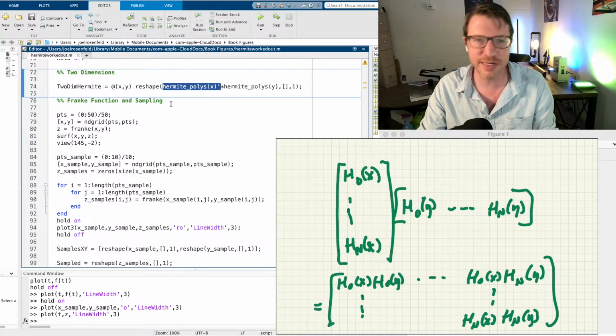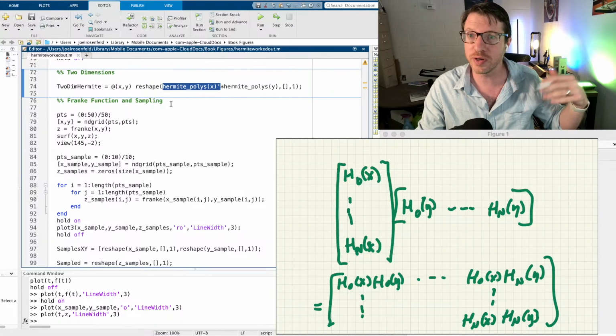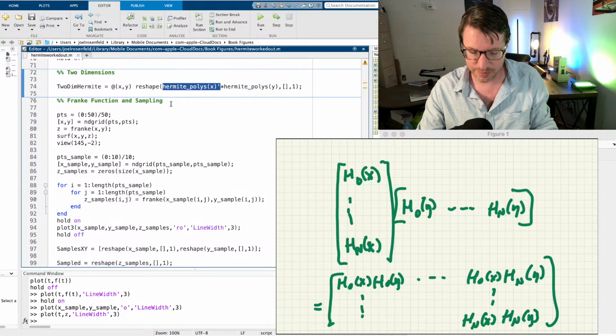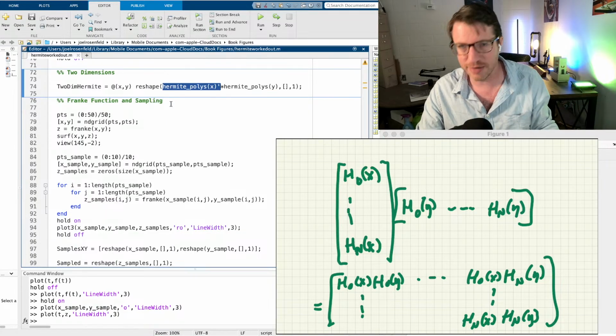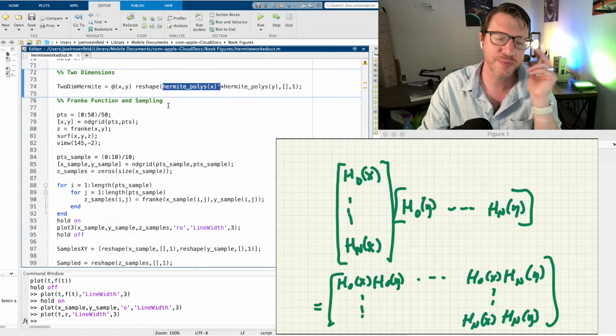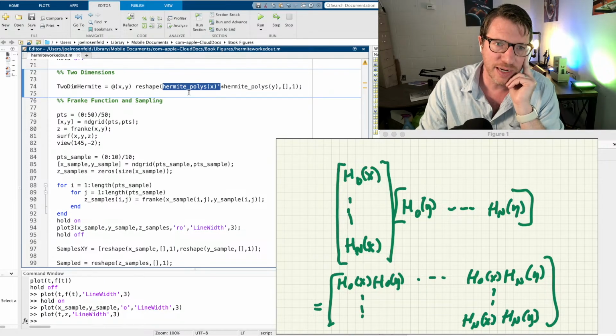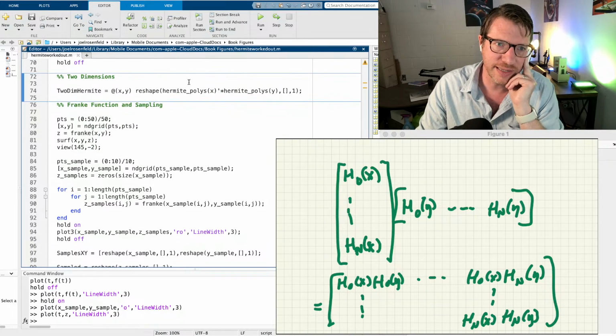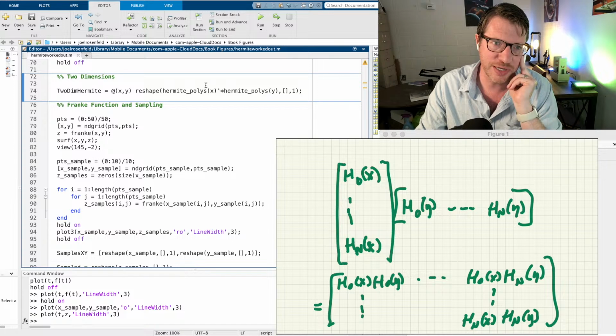And the same sort of reasoning, for L2 of R squared with the Gaussian weight, this gives you your orthogonal basis. And so we can then take this square matrix we get out of this, and we want to turn it back into a vector.